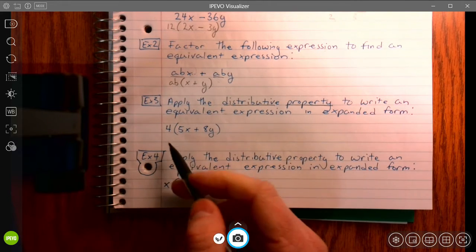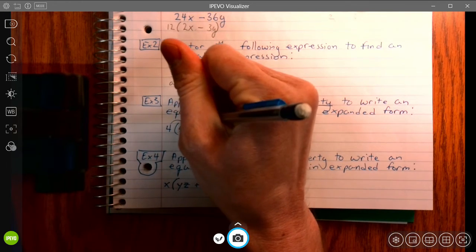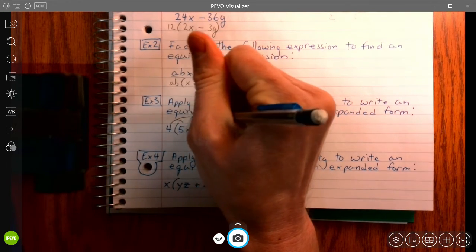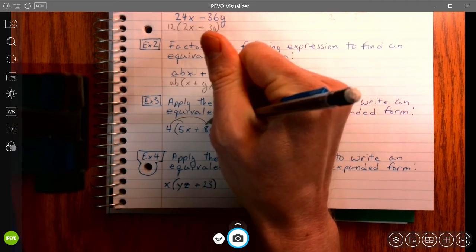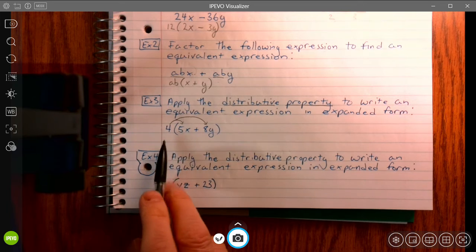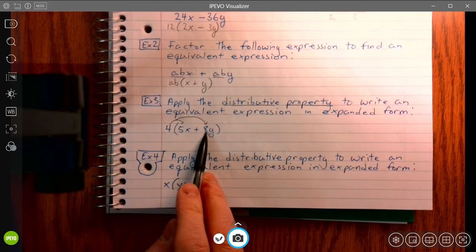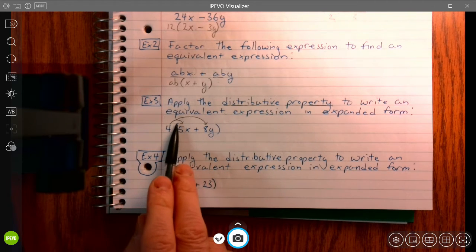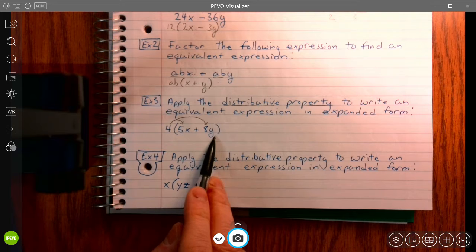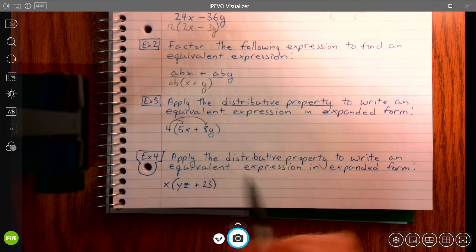And if you think about distributing, if you're distributing something to your friends, right, you're giving each friend whatever it is that you have, okay? So in this case, we're going to distribute the 4 to the 5x, and we're going to distribute the 4 to the 8y.